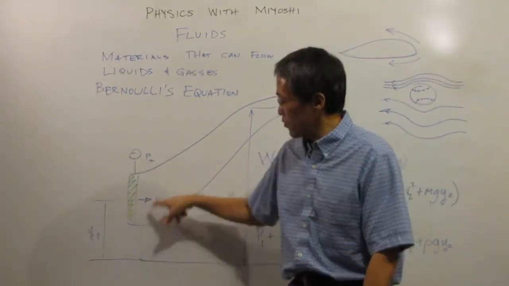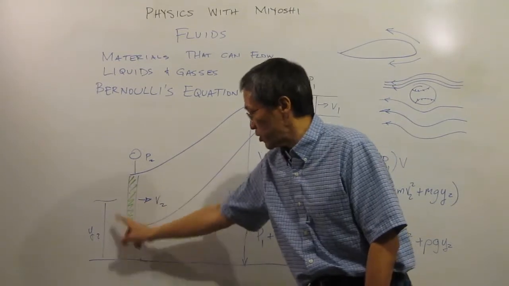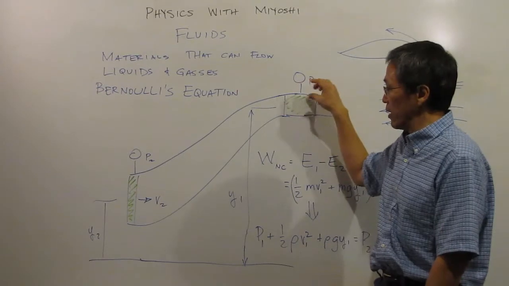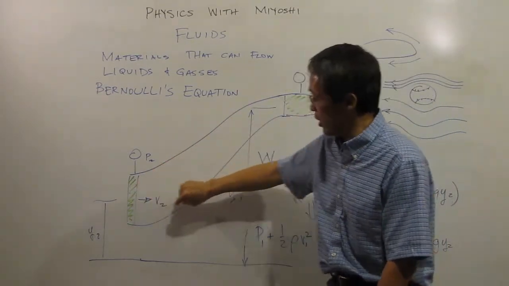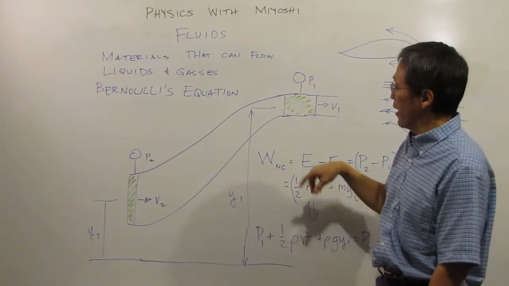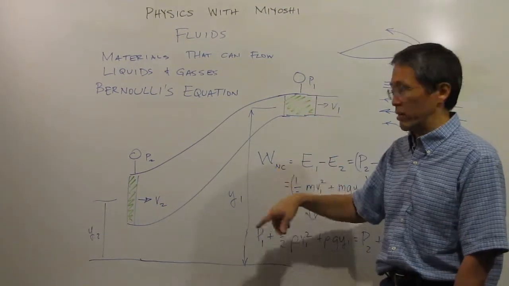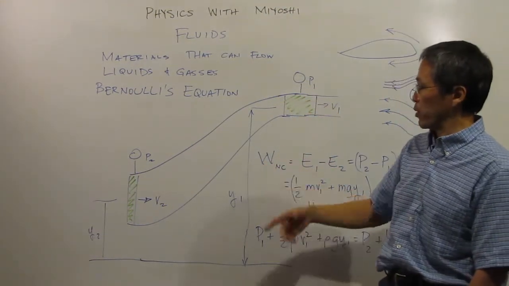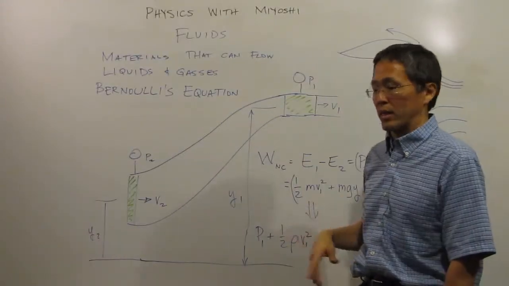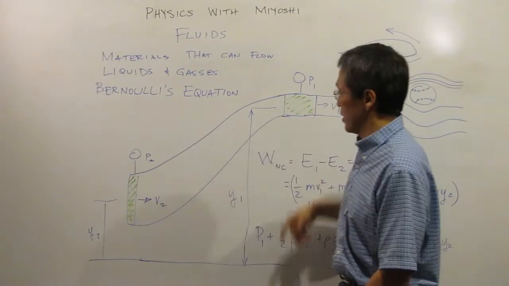So when I take this volume here at a certain height and I want to move it up to this area, whether the hose or the pipe has changed or not, I have to do some work to get there. And that would be non-conservative type work. In other words, I have to put something in there to get this guy to move.